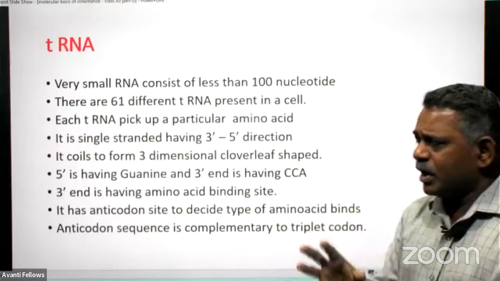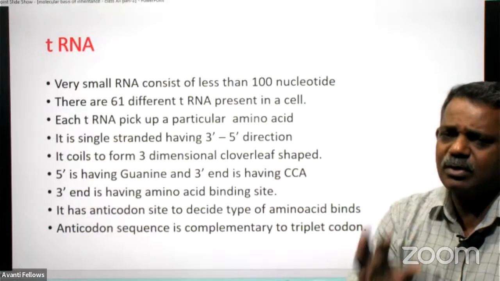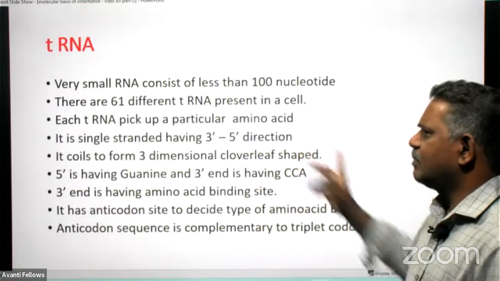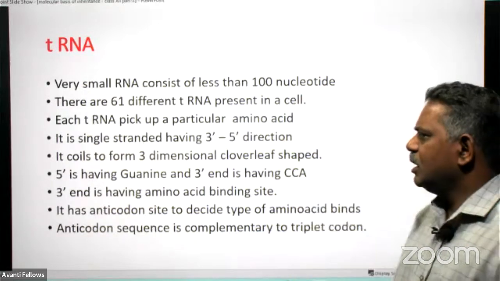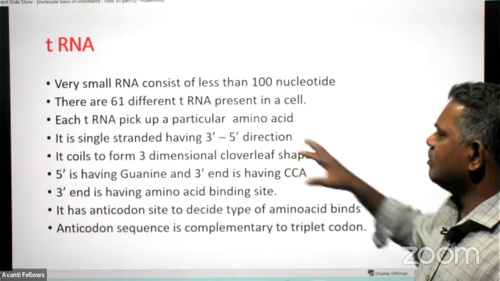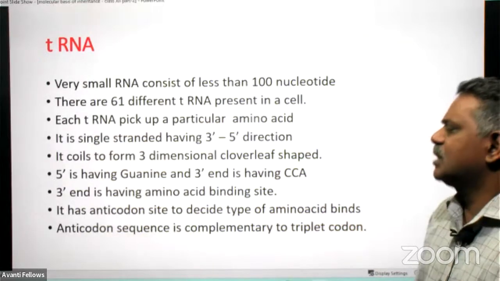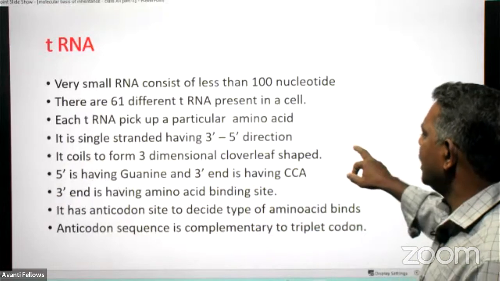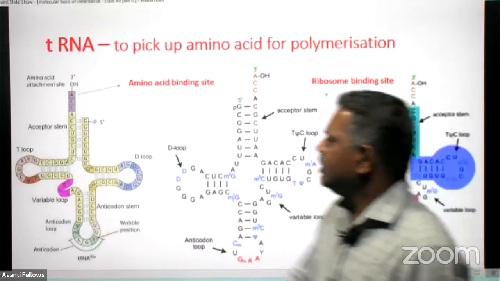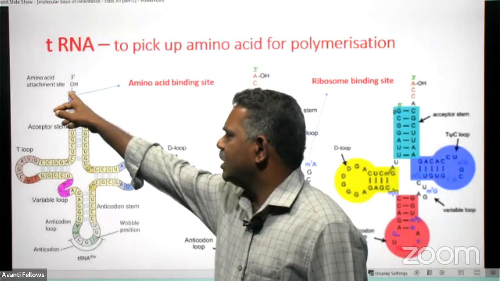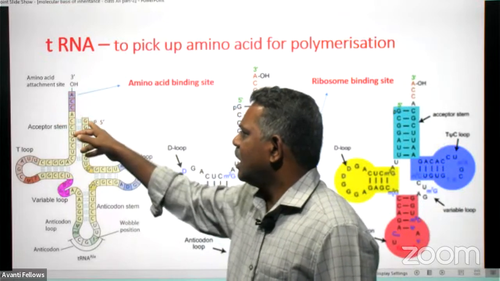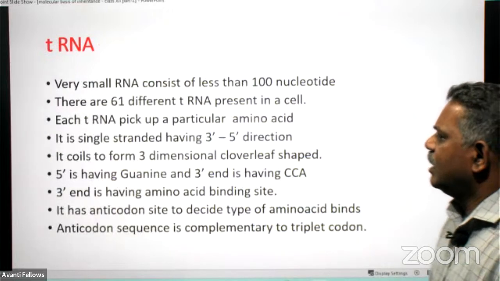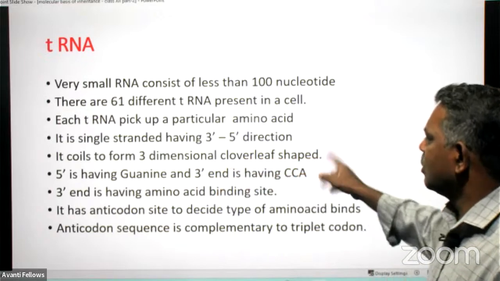It is single-stranded, having 3' to 5' direction, but it coils into a three-dimensional clover leaf shape.